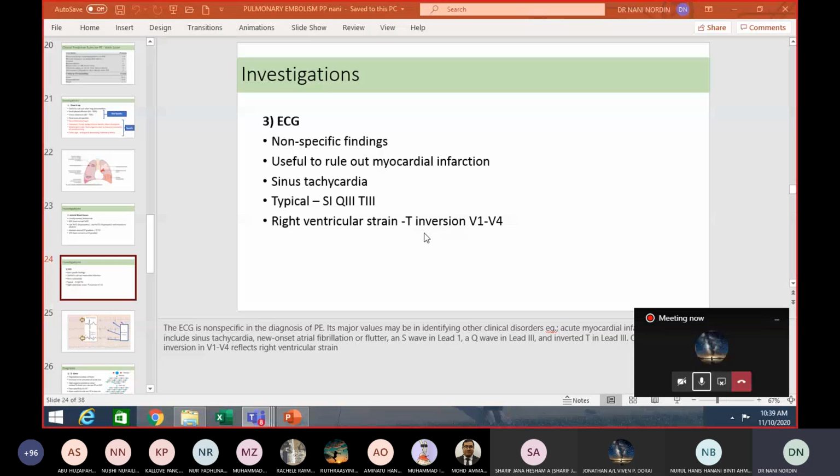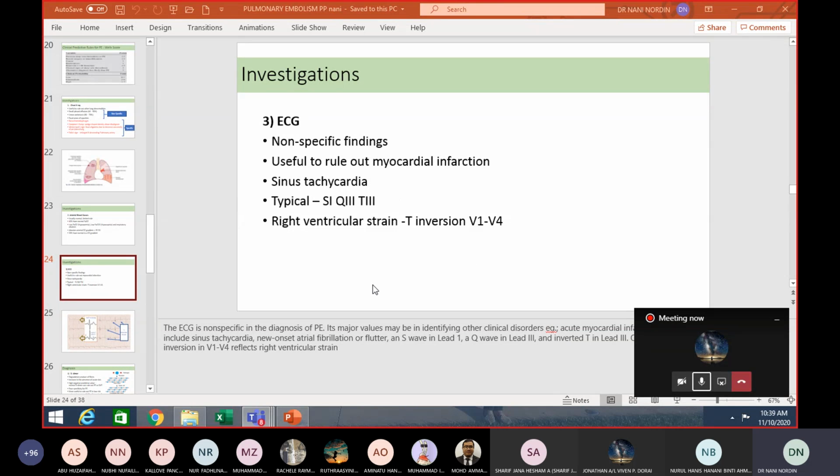Okay, so V1 to V4 is for the right ventricle. So the S1, Q3, T3 are the typical findings for pulmonary embolism. Okay, T inversion V1 to V4 indicates right ventricular strain.